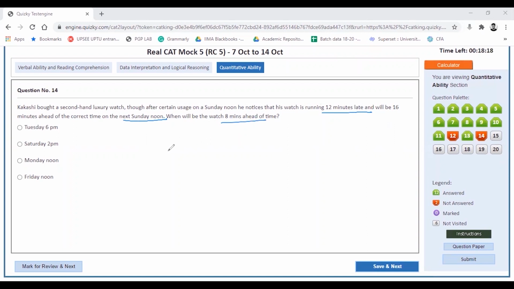Here it was minus 12. It has gone to plus 16 minutes ahead, a difference of 28 minutes in how much time? From this Sunday noon to next Sunday noon, in 7 days. What they want is when will the watch be 8 minutes ahead?